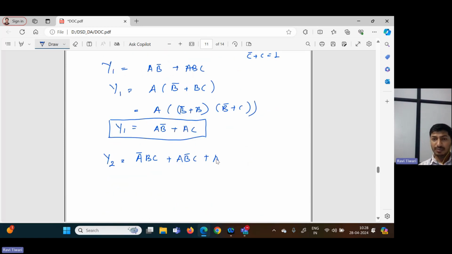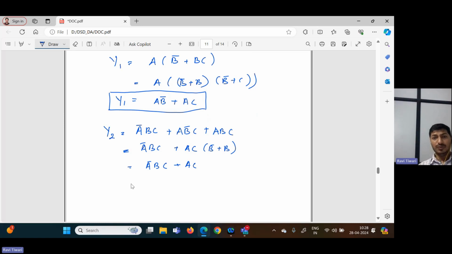Now you can further solve by using the theorems. A bar BC plus AC, taking AC common from the other two terms, gives B bar plus B, so I can directly write this as AC plus A bar BC. Now here also we can further solve by taking C common.